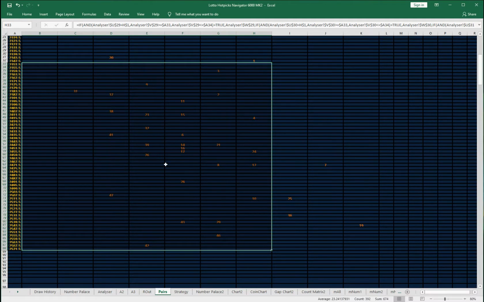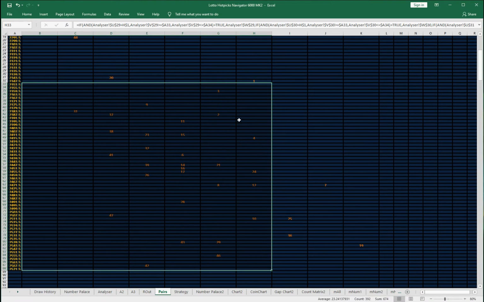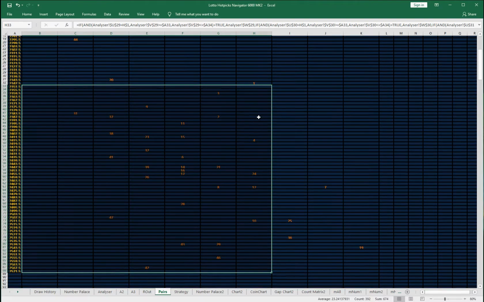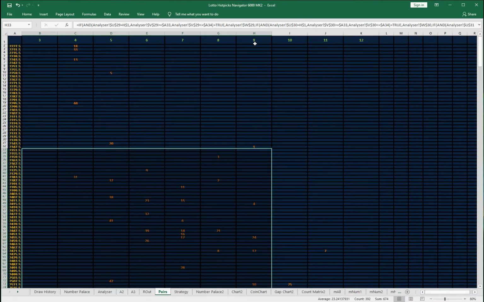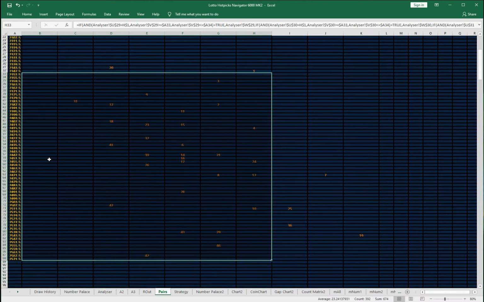These are pairs on this chart, not individual numbers. So this is pair number 1, has a frequency of 9. It's not been drawn for 300 draws.